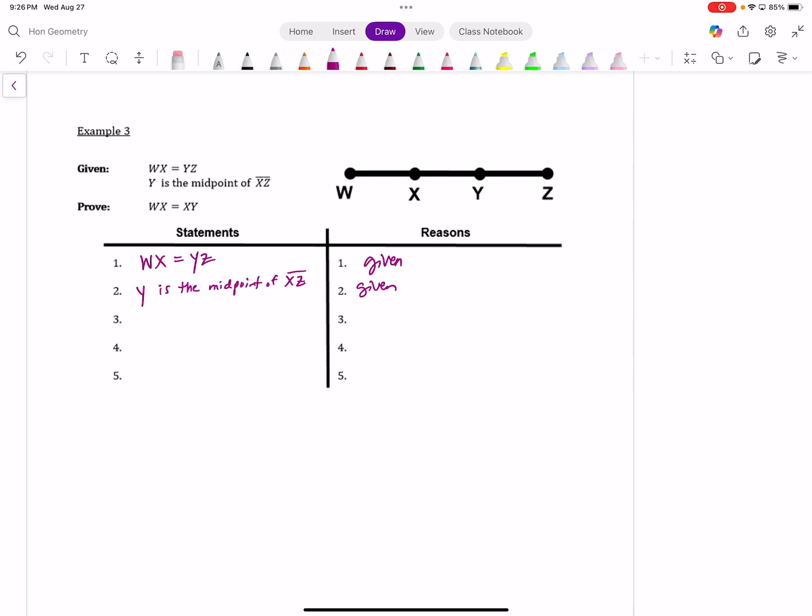I personally like to, I know we didn't do this in the notes yesterday, but I personally like to split my givens. So, a lot of times, okay, so if WX equals YZ, so WX equals YZ. Now, I marked congruent.